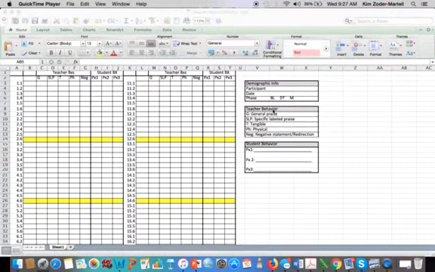Then there was a key for the teacher behaviors. So G was general praise, SLP is specific labeled praise, T is tangible praise, PH is physical praise, so like high fives, and neg is negative statements or redirections. Each of the teachers identified student problem behaviors through the process of consultation.